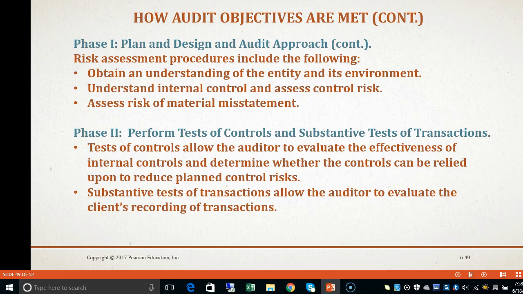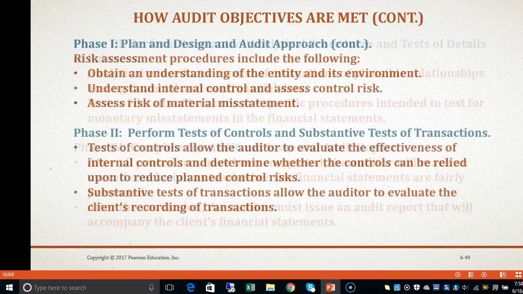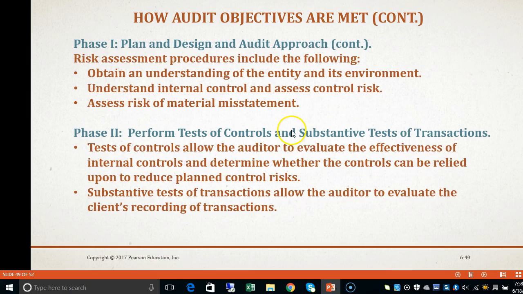Depending on how good the internal control is, the risk assessment will determine phase 2, performance of tests of controls and subsequent tests of transactions. Here is where the hands-on, what I like to call the number crunching part of the audit is. Tests of controls allow the auditor to evaluate the effectiveness of internal controls and determine whether the controls can be relied upon.